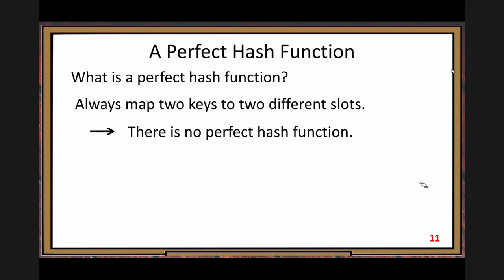We want to make that percentage as small as possible. We call it collision. If the probability is high, your performance would be poor. If the probability is small, your performance will be better.